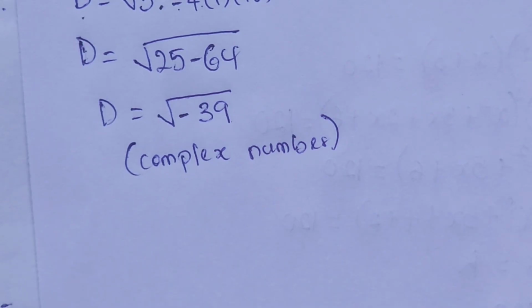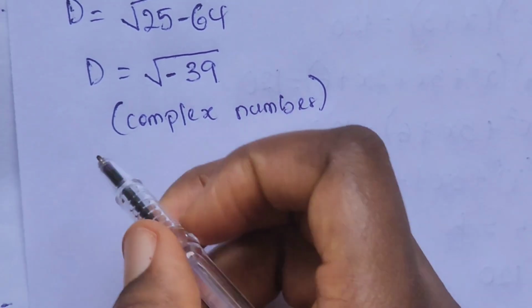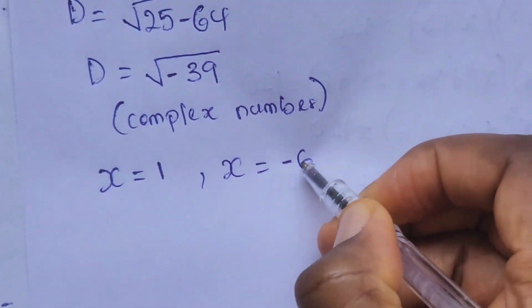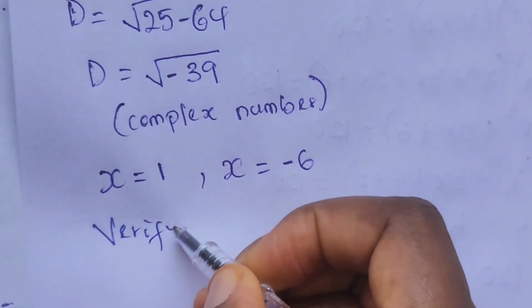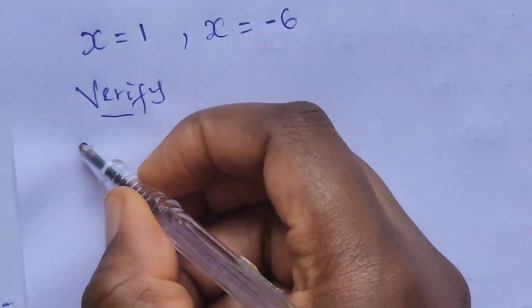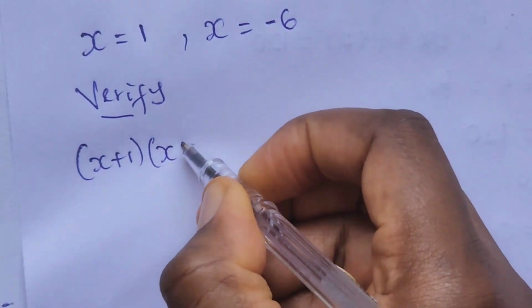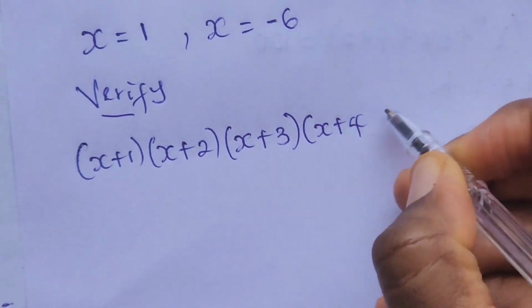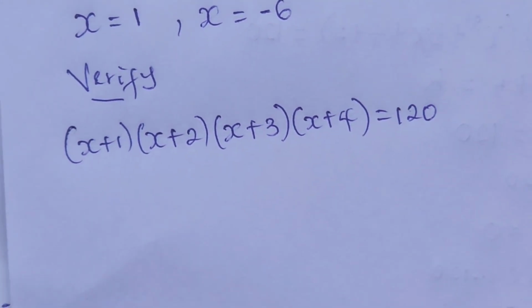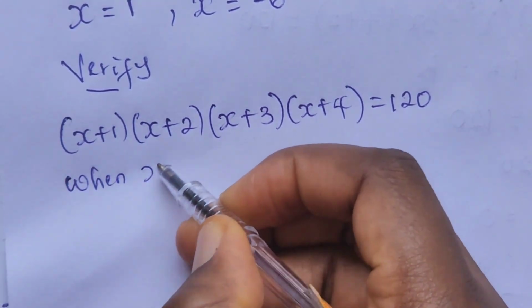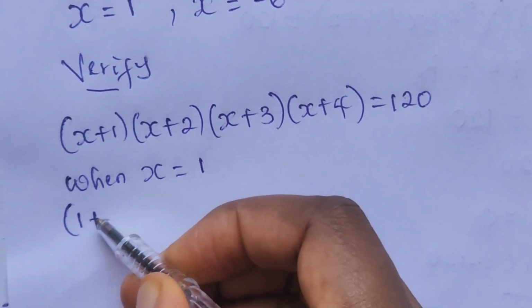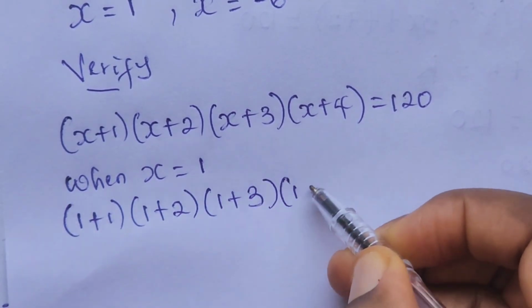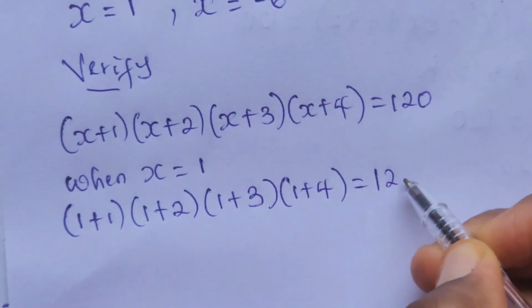So let's go ahead and verify our question with the previous solution. We got x equal to 1 and we got x equal to minus 6. So let's verify. Let's record the question. We have x plus 1, x plus 2, x plus 3, x plus 4 equal to 120. When x is 1, we have 1 plus 1, 1 plus 2, 1 plus 3, 1 plus 4, all equal to 120.